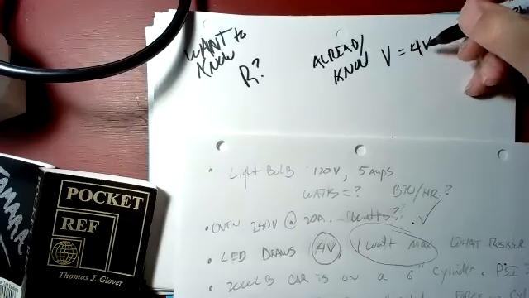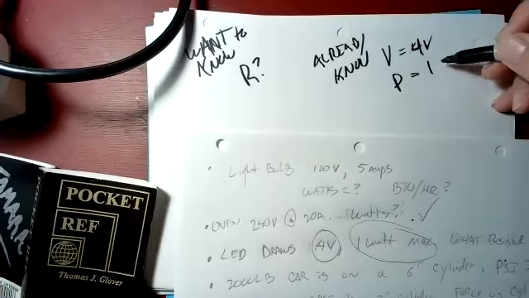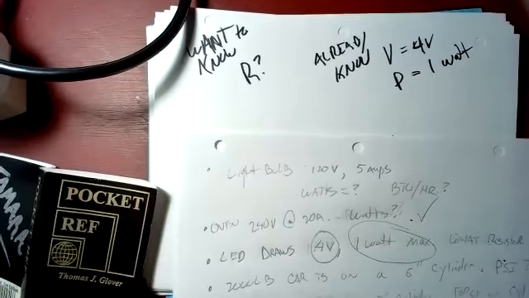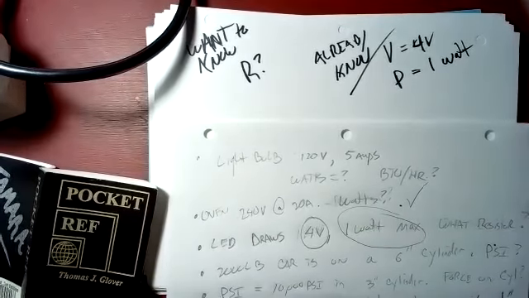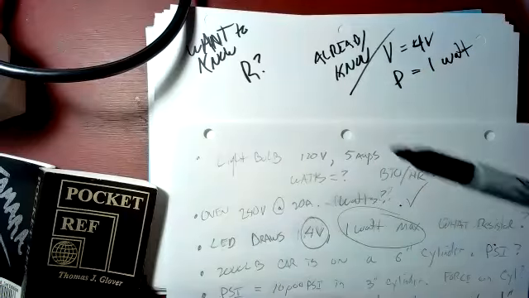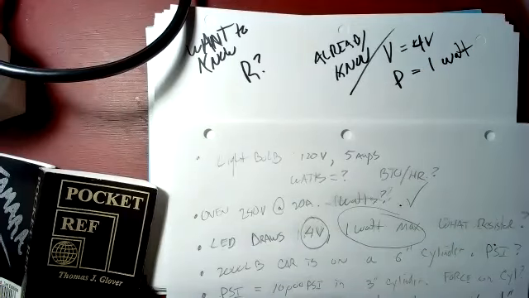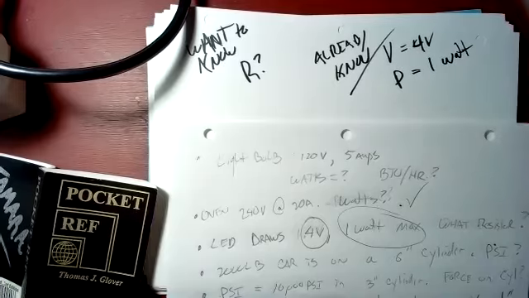We're just going to assume that you have a maximum of 4 volts. And we know my power is equal to 1 watt. So what formula do I have that will relate V and P and R? Don't forget that V is sometimes called E, electromotive force, in some books.